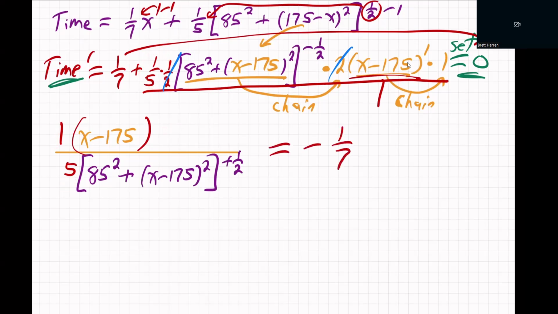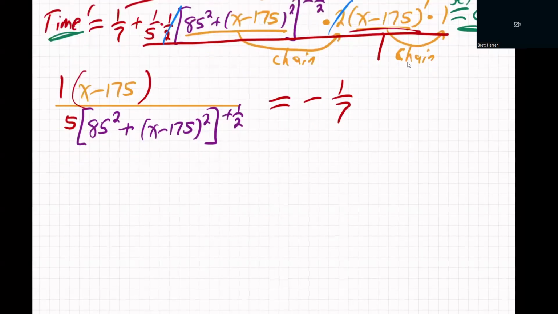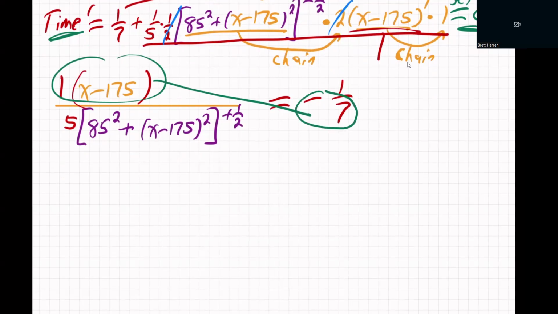I move that 1/7 to the other side. Okay, what are we going to do now? Let's cross multiply. So I'm going to take all of this and multiply. You know when you have a negative on a fraction, you can put it on the top or the bottom. Well, I'll just put it on the top.